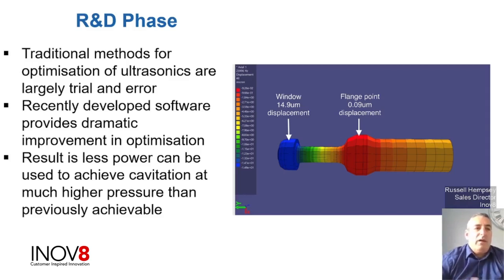Historically, 300 to 500 watts of energy has been used in this type of cleaning technique in low pressure applications, mainly to overcome the inefficiencies in the design. However, the software has allowed us to produce a super efficient transducer, and cavitation energy can be as low as 10 watts. So that's a step change in efficiency right there.